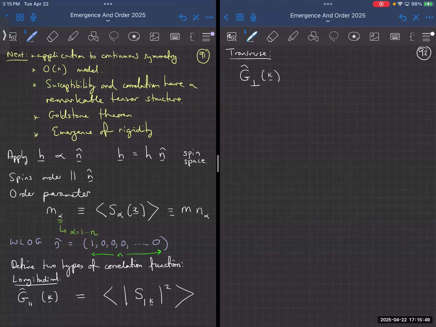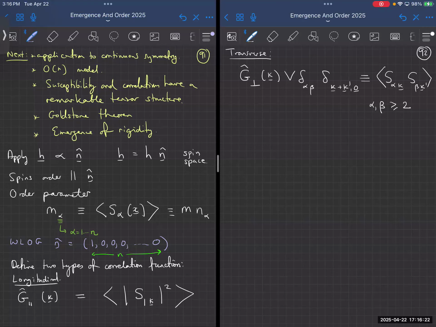And then I'm going to write it as g hat times delta alpha beta, then delta of k plus k prime and 0. And I'm going to define this thing as equal to the expectation value of S alpha of k, S beta of k prime. And here alpha and beta are components that are not 1, so they're greater than or equal to 2.